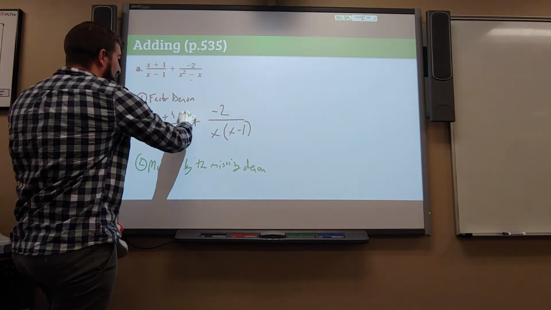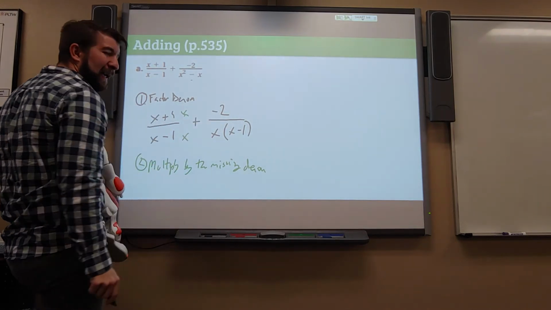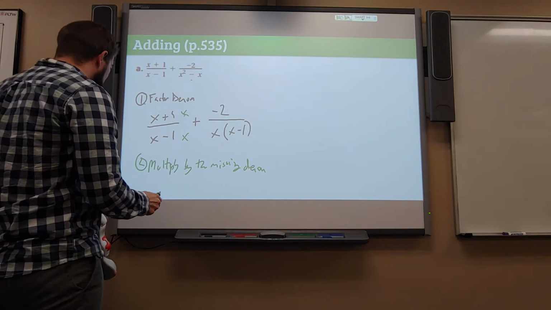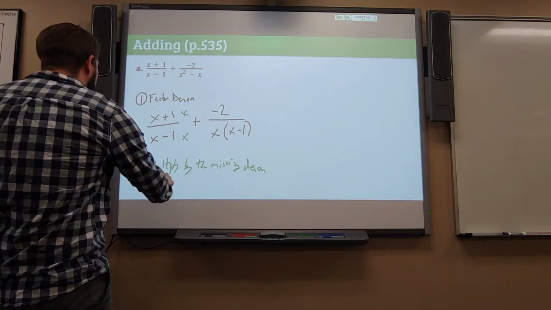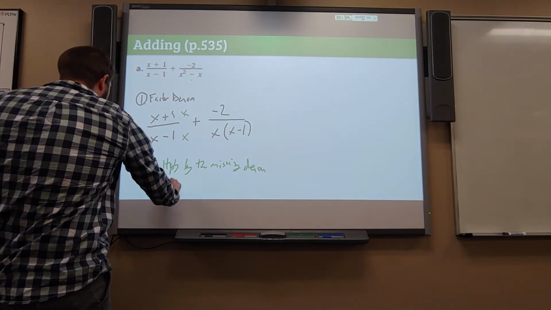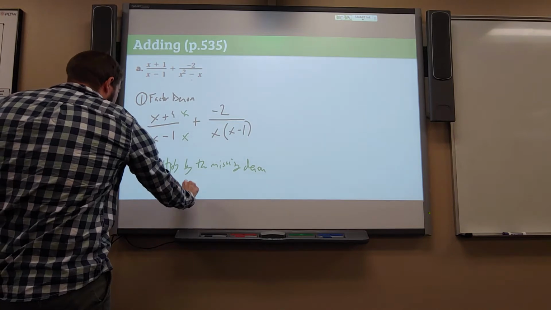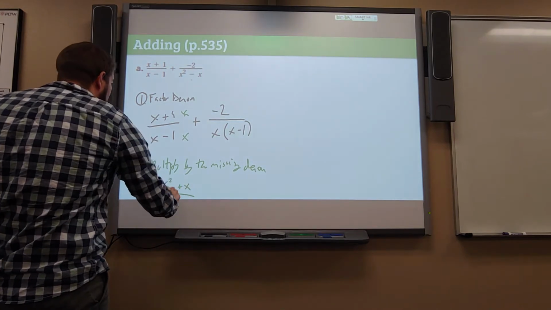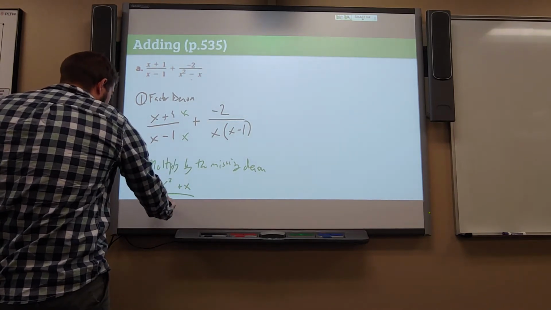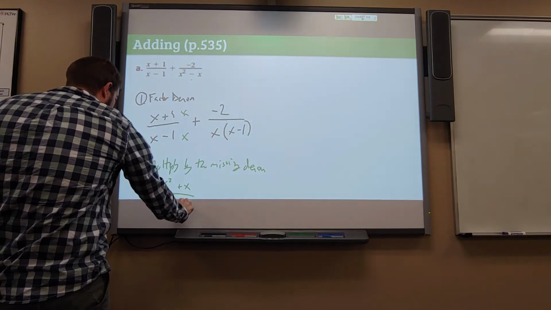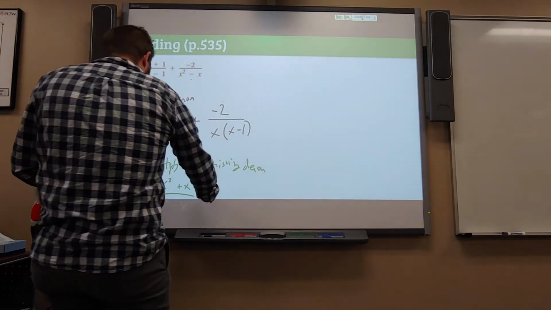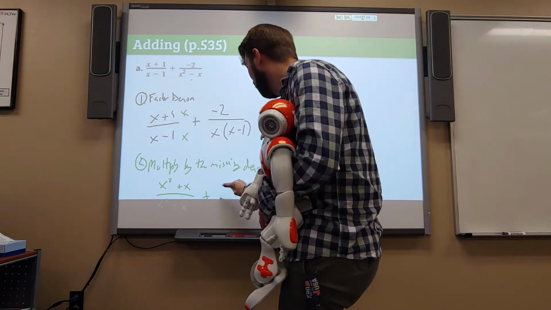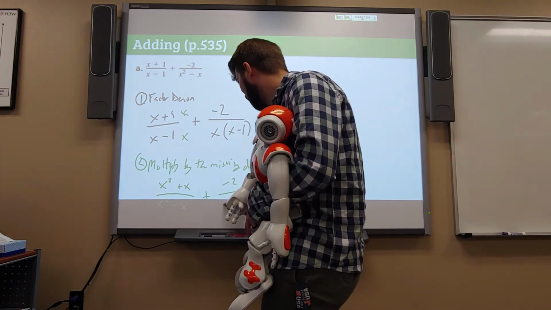So I'm going to multiply by x here and x here. And so when I rewrite this, this is going to be x squared plus x, and it's going to be x squared minus x plus, this all stays the same, x minus 1.